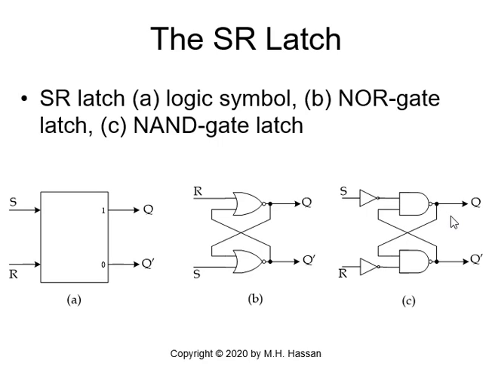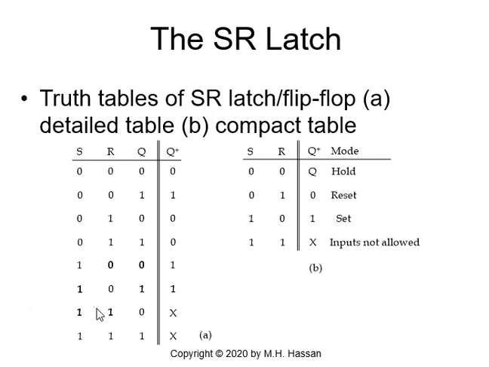If we change Q from 0 to 1, so if we start with 1, 1 NAND 0 is 1, and 1 NAND 0 on the upper NAND gate is also 1. So regardless of whether Q is 0 or 1, Q plus and Q plus prime will be equal, and they will be equal to 1.